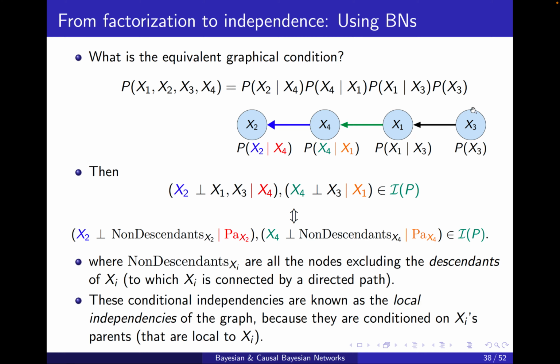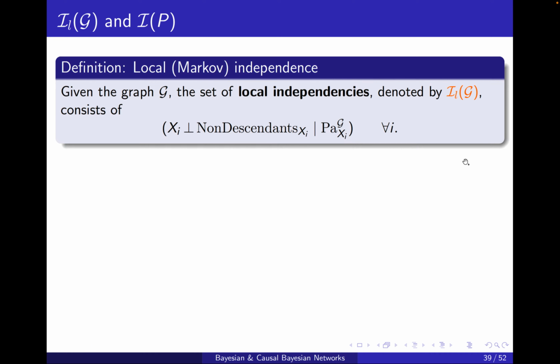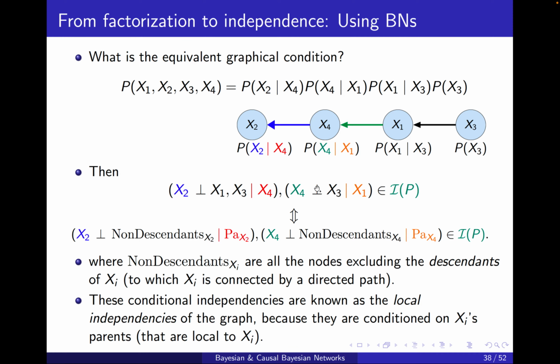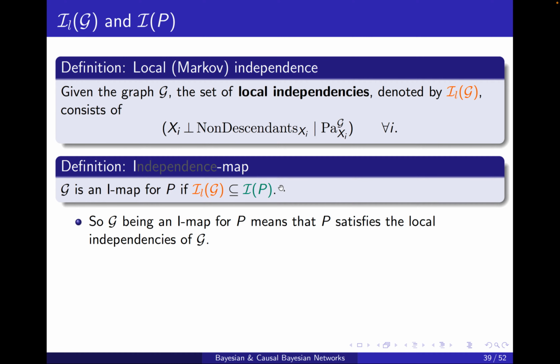By the way, if I check it for X1 and X3, we will see more examples shortly, you can see that X1 conditioned on its parent is independent of its non-descendants. Well, the non-descendants will be empty because all the remaining ones are its descendants. And X3 also, all the remaining ones are its descendants. So these two will not give me any additional conditional independence. So this graph is imposing two conditional independencies, and we say that it is an I-map for some distribution P if P satisfies both of them. So this is just another definition.